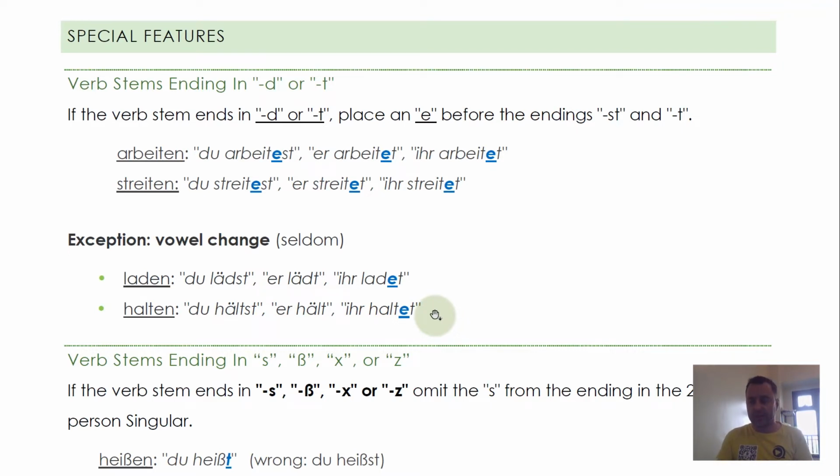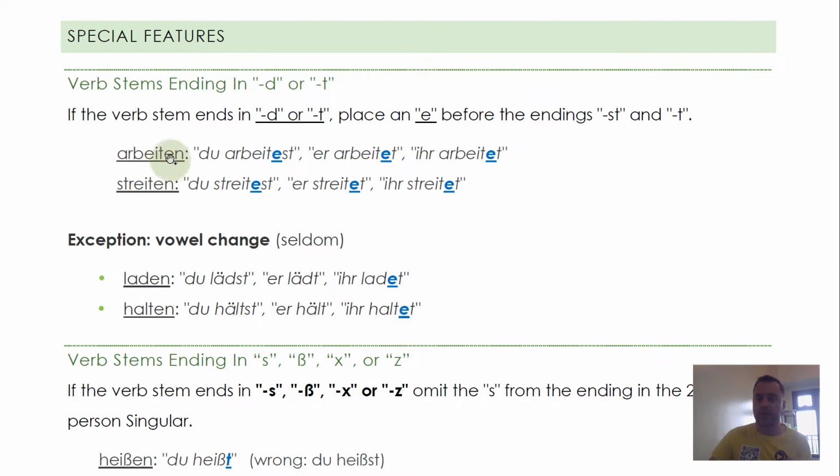But apart from this pretty easy way, there are some special features if the verb stem ends on D, T, or something that sounds like an S. If it ends on D or T, then we have to insert an extra E before the endings ST or T. For example, arbeiten, we have the verb stem here as arbeit.